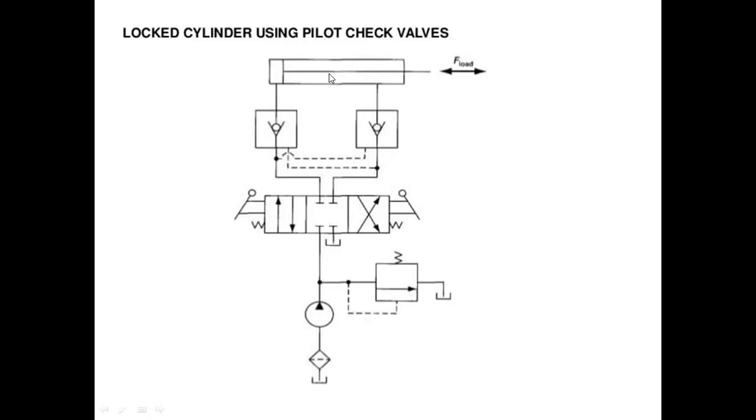So this locks the cylinder. Similarly, at right position in the DCV, same. Oil is going to this position, but this check valve is set at some pressure, so oil does not go to outlet. That's why this cylinder is locked at one position.